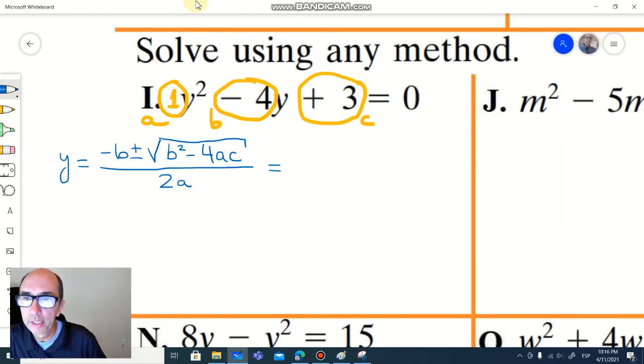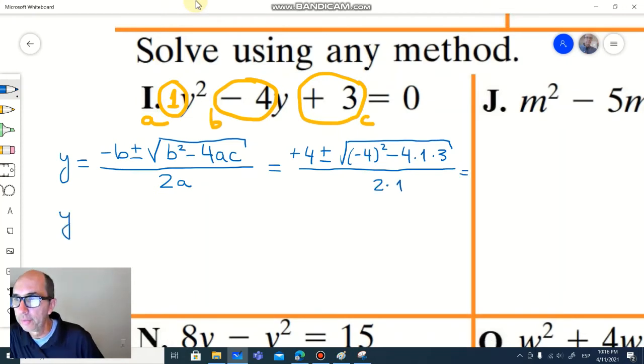And now we plug in the numbers. Negative b, negative negative 4, is positive 4, plus or minus the square root of negative 4 squared. Let me write down the whole thing here: negative 4 squared minus 4 times 1 times 3, over 2 times 1.